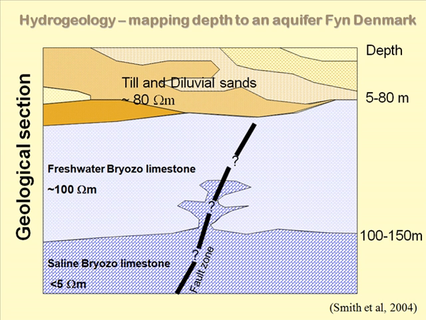So it's possible with airborne electromagnetic methods to estimate what the thickness of the glacial tills and freshwater are, and therefore the depth to this interface. So we can estimate the thickness of the freshwater aquifer. And when this was done for an area in Denmark, we got the map that you see on the following slide.